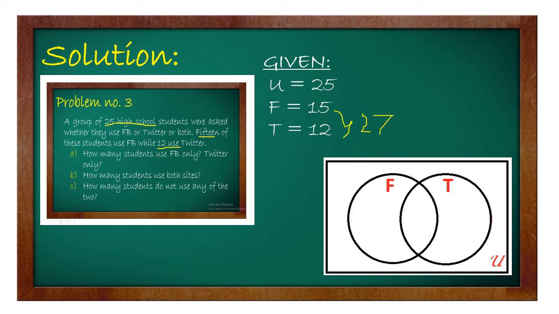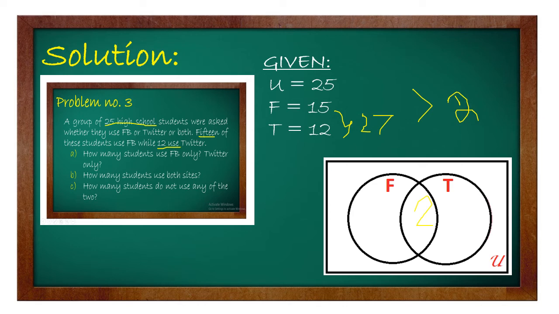Ibig sabihin, kung titingnan natin yung universal set natin, sabi niya, 25 lang ang tinanong niya. Pero pag pinagsama natin yung Facebook at saka yung Twitter, ang total niya ay 27. So, lumalabas na meron tayong dalawa na dumoble. So, yung dalawa na dumoble na yon, that stands for our intersection of set F and set T.